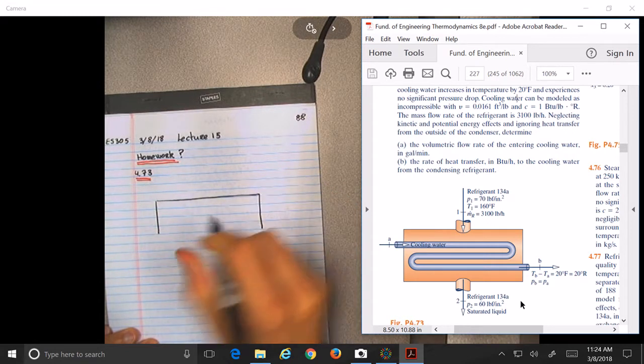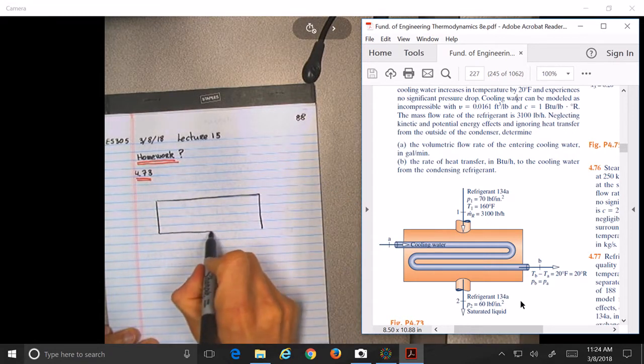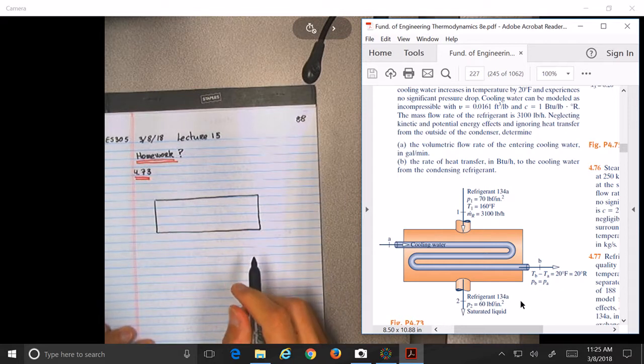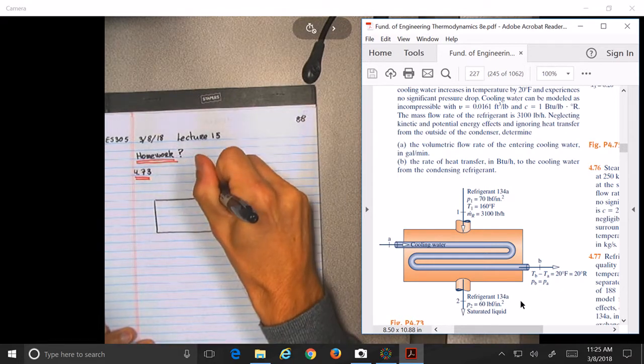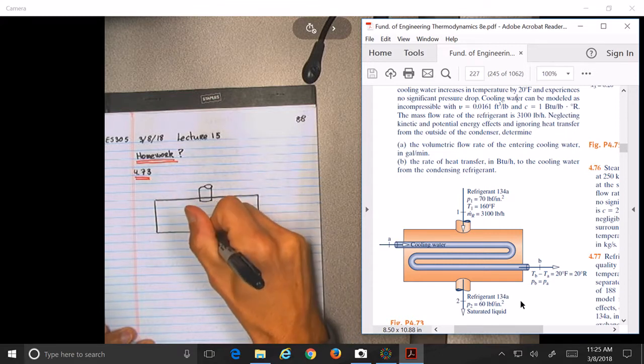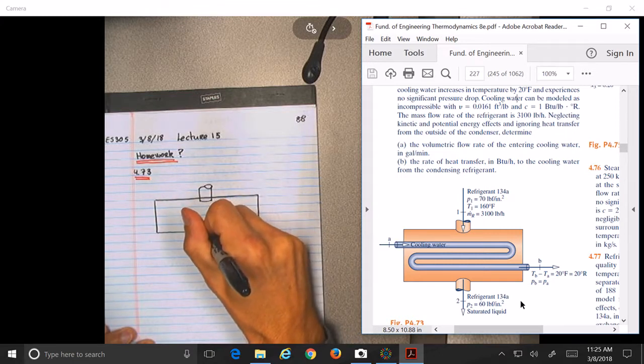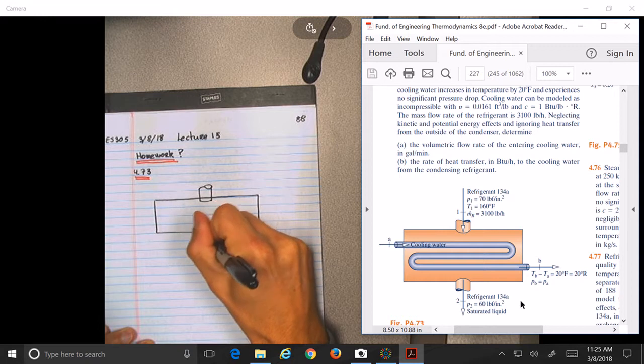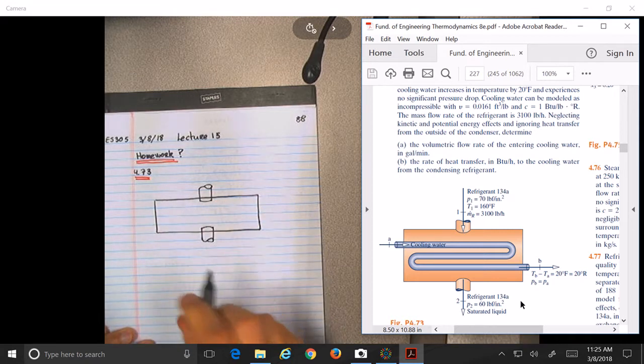Okay, and again, you see that even though the problem statement is there with the figure, I still go and draw a figure. Inlet here. Outlet in there.